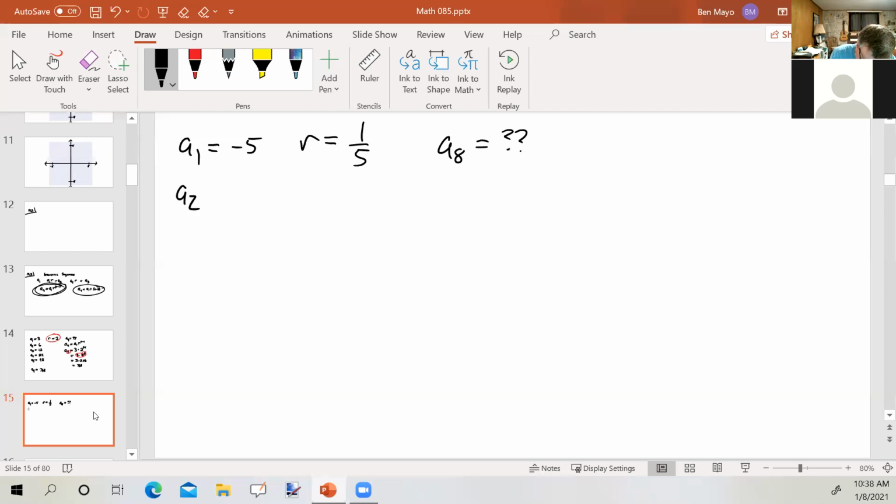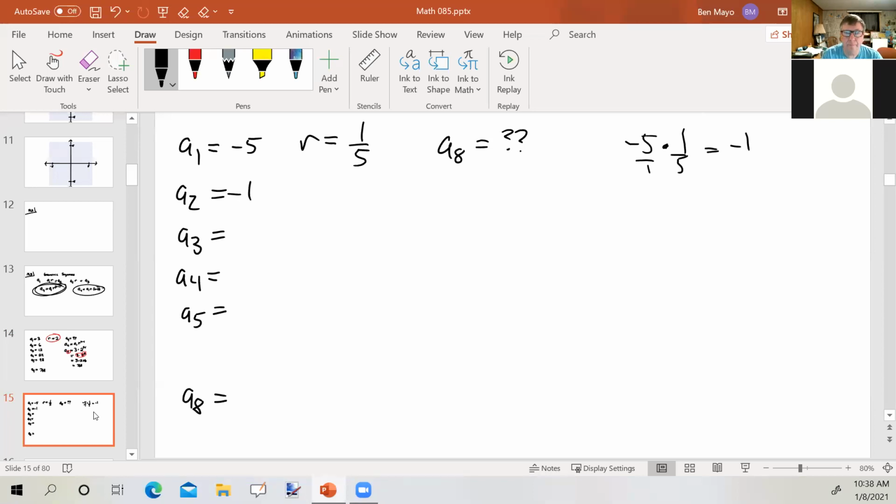So we know a sub 1, we need a sub 2, a sub 3, a sub 4, a sub 5, and then finally we're going to find a sub 8. So I take a term in the sequence times the common ratio to get the next term. -5 times 1/5 would be what? -1.